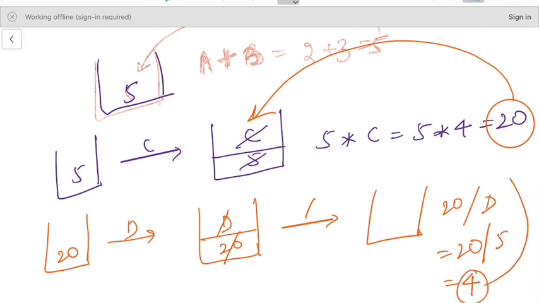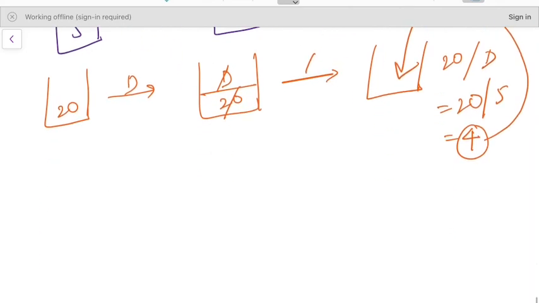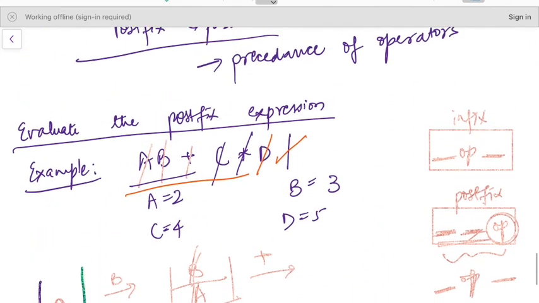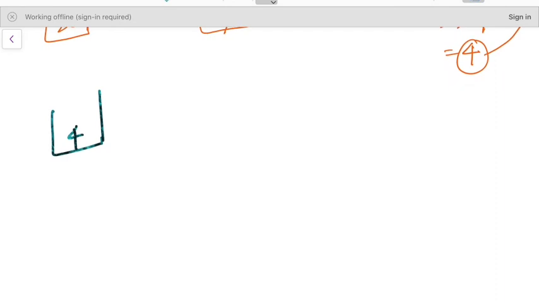This result is pushed back into the stack. So the stack becomes 4, and we are done till here. There is nothing left. When we are done, whatever is there in the stack, we just pop it out and display it because this is the answer.